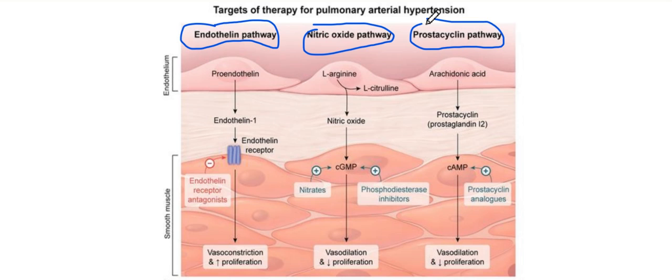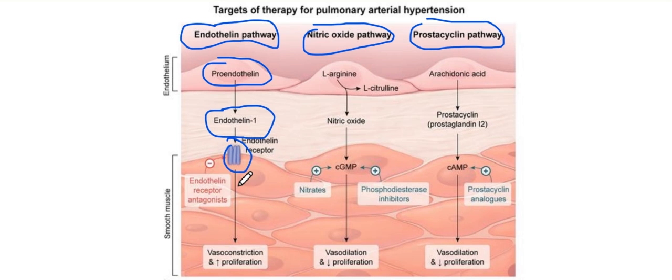So what is actually endothelin? Endothelin is a chemical released from the endothelium in the form of proendothelin, that is released as endothelin 1 and attached to the endothelin receptor.